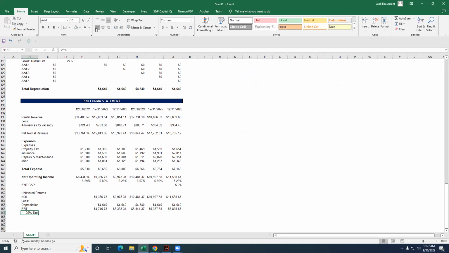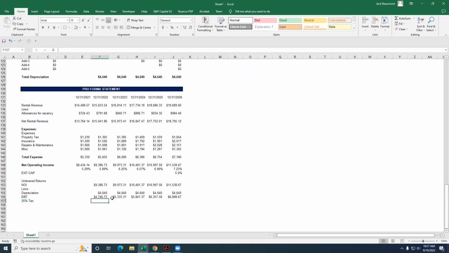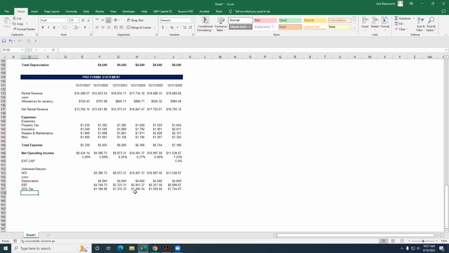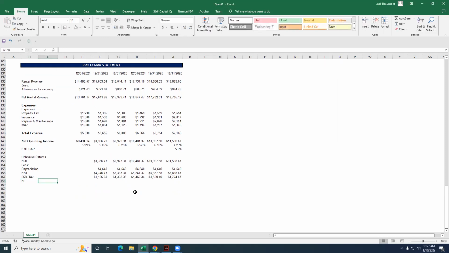Okay, so it's going to equal that times this, and that's going to equal net income. It's going to equal that minus that.